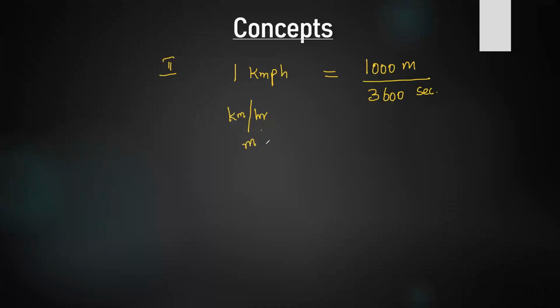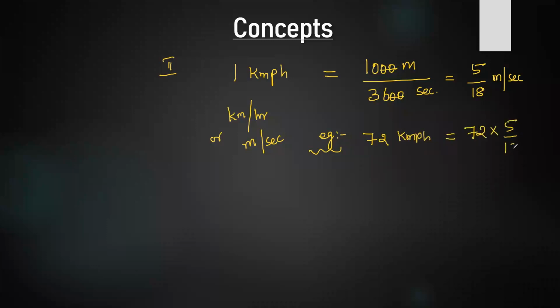If it is in meters, then in terms of seconds. So either it should be kilometer per hour or meter per second. You can divide by 2 again, you will get 5 by 18 meter per second. For example, 72 kilometer per hour: if you want to convert into meter per second, just multiply by 5 by 18.